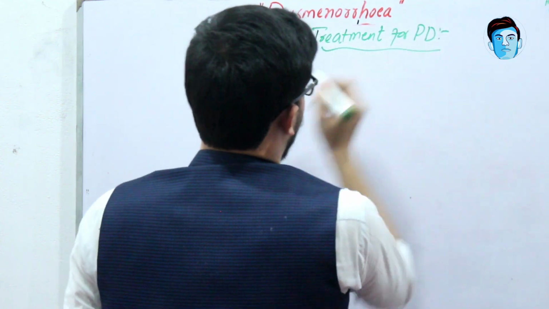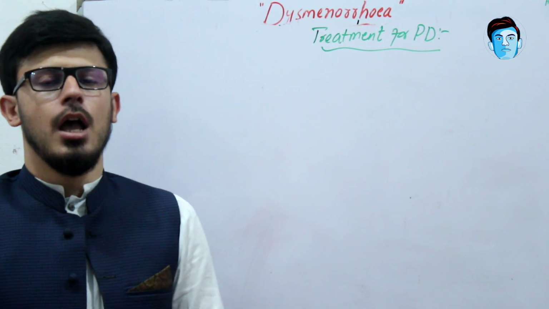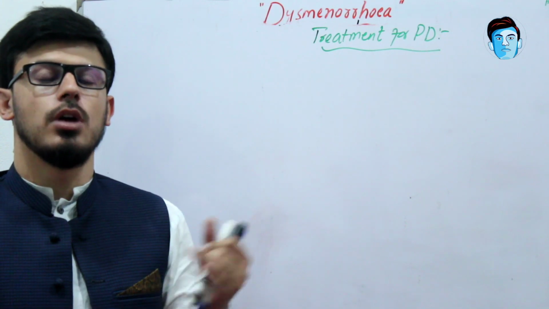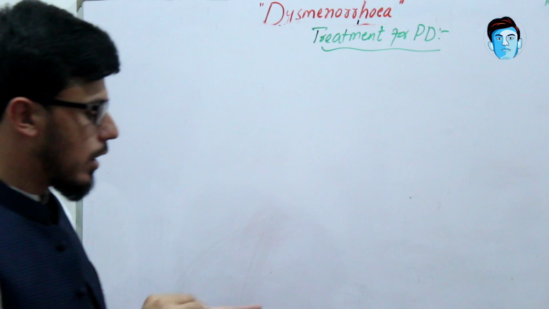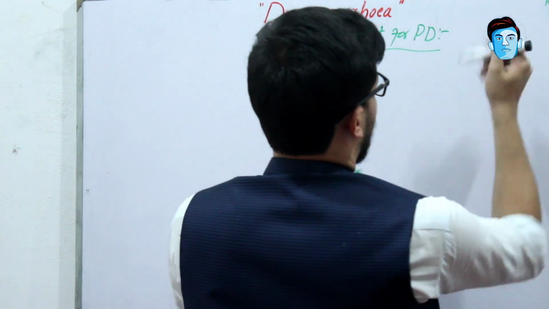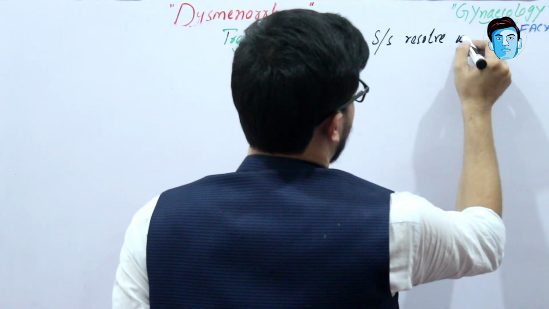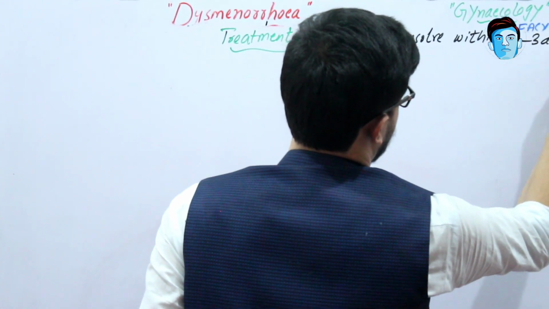The signs and symptoms we discussed earlier, that is cramps in the lower abdomen, pain in the lower abdomen, and also nausea, vomiting, fatigue, and fainting, usually resolve within 2 to 3 days.